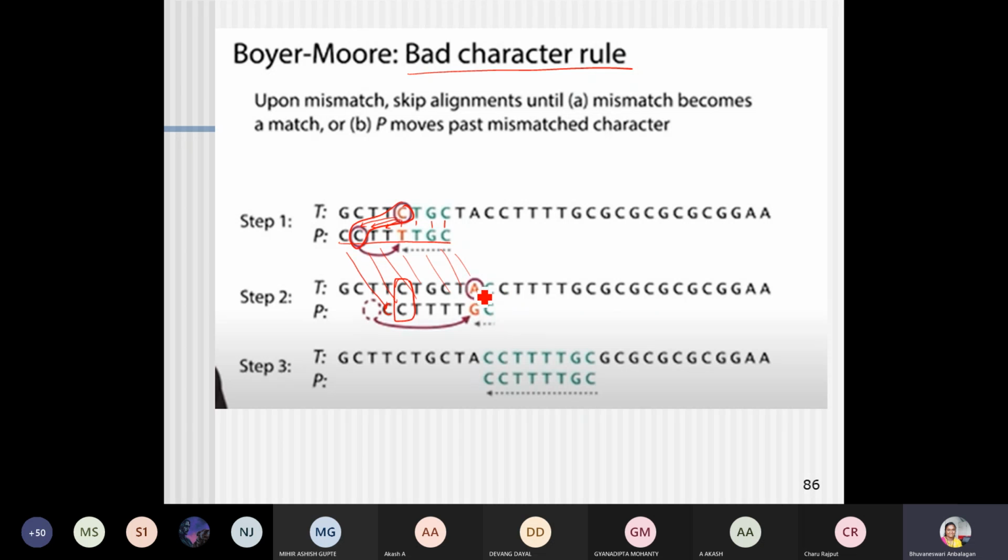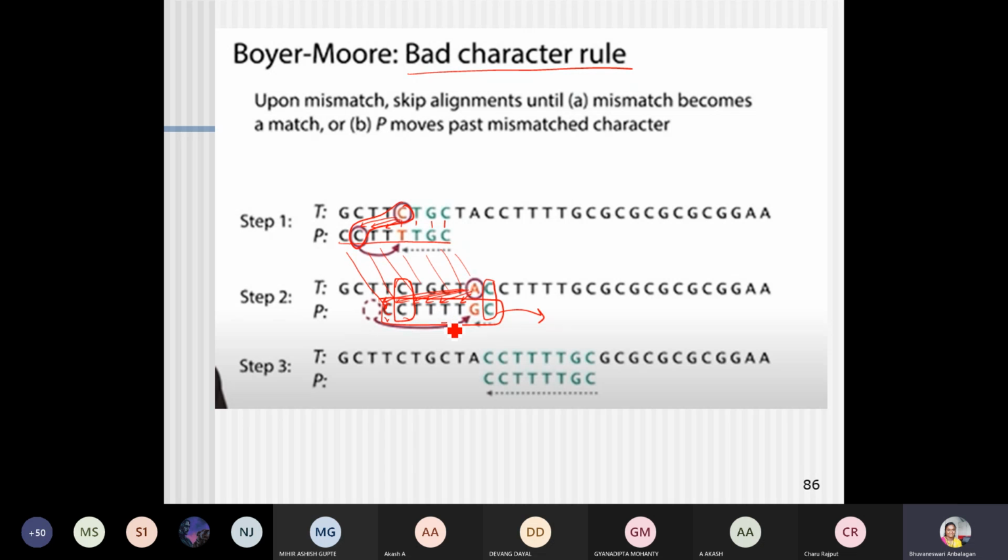C and C is matched. A and A is not matched. A and G is not matched. So is there any other A where I can match? No, no, no, no. There is no A here. Nothing is getting matched. So in this case, I will shift the entire pattern towards the right, because there is no other character where sub-patterns can be matched.